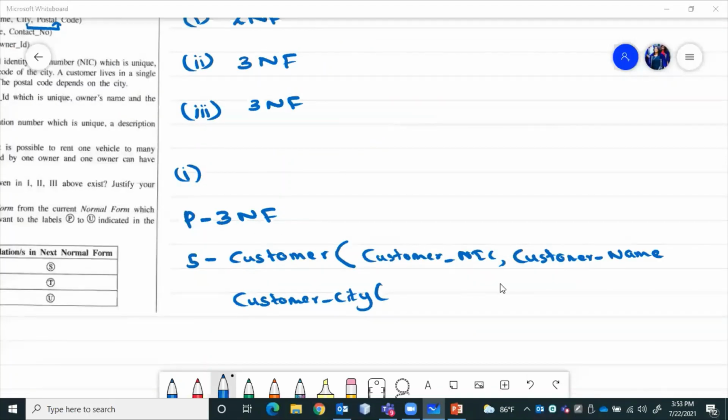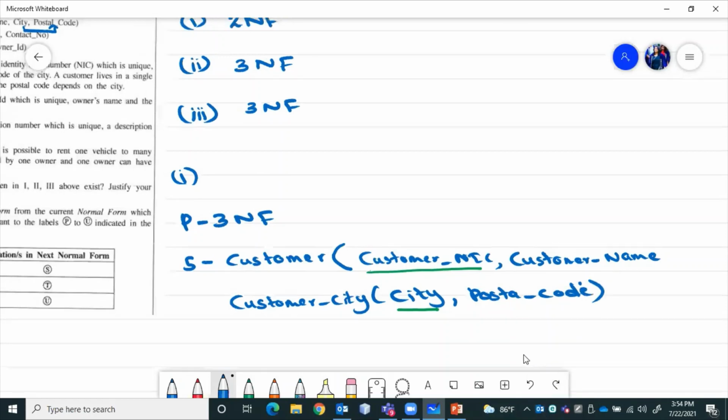Good, no issue. So here I'm going to have the city. The Customer_NIC would be the primary key here, and city is the primary key here. So here city and postal code. Then what are we supposed to do?